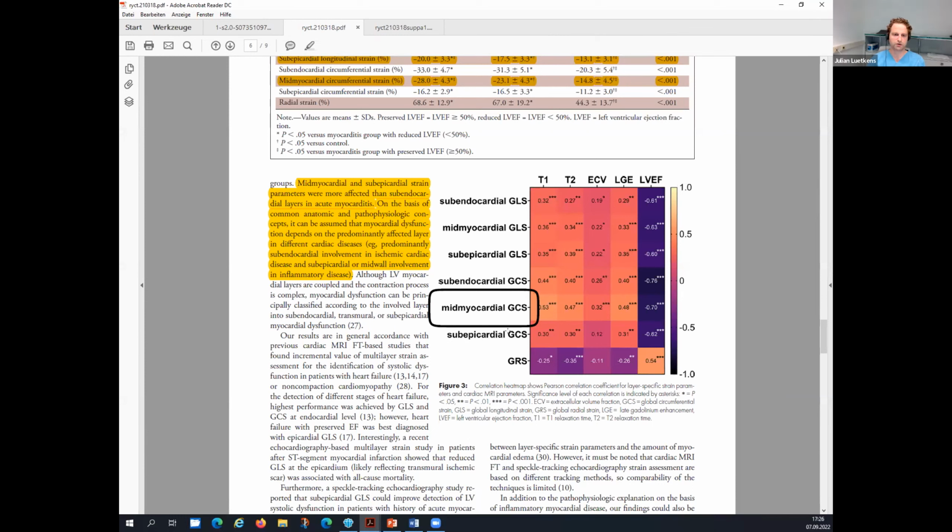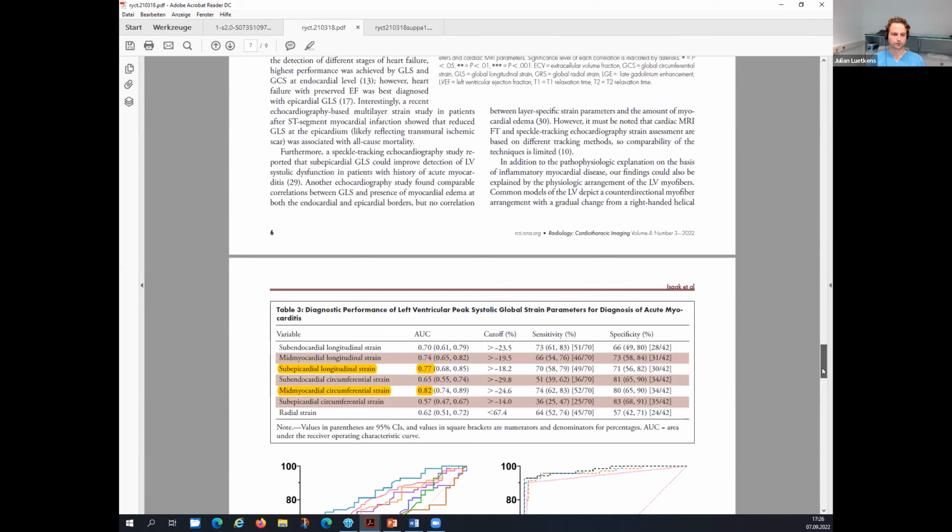I highlighted the mid-myocardial global circumferential strain, and you see the correlation coefficients over here. The correlation coefficients were highest for mid-myocardial global circumferential strain for the correlation with T1, T2, ECV, LGE, and also left ventricular ejection fraction.